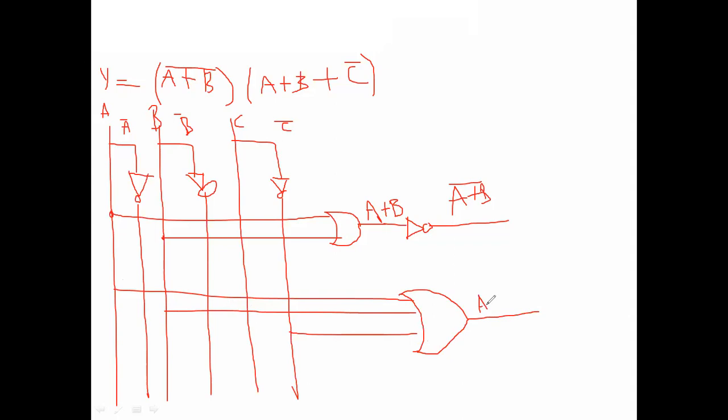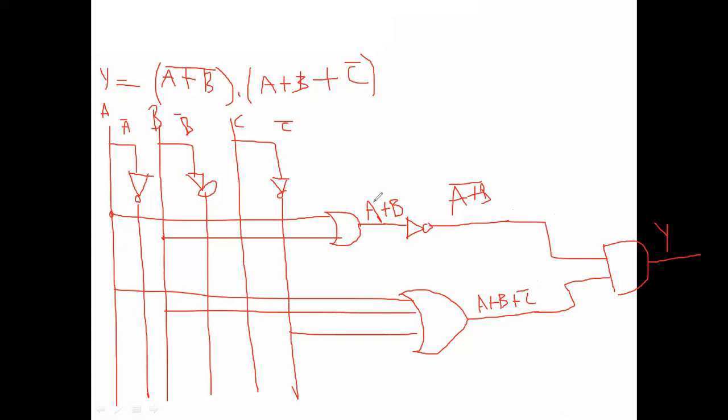A plus B plus C bar. Between these two terms, dot is there. Dot is there means which gate is used for these two? Dot means AND gate is used.